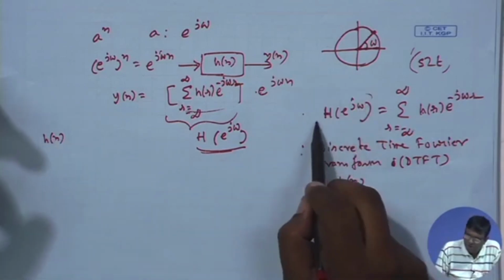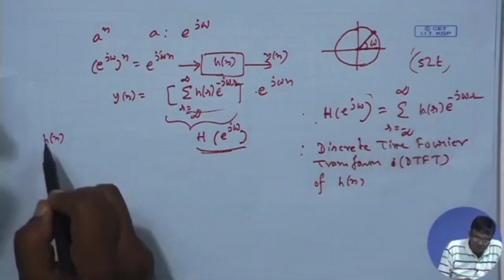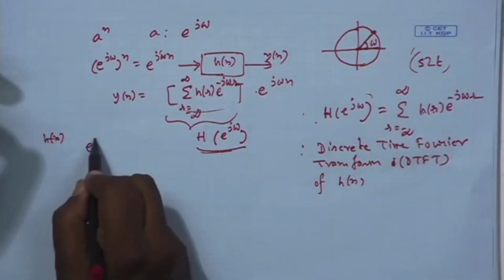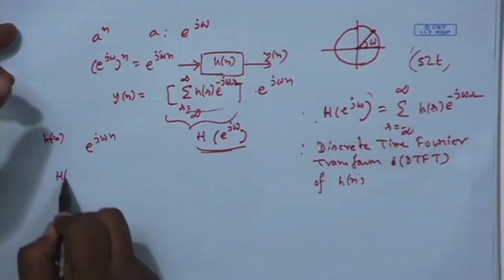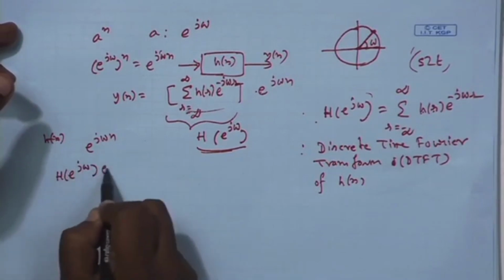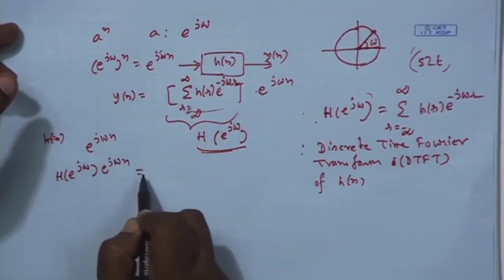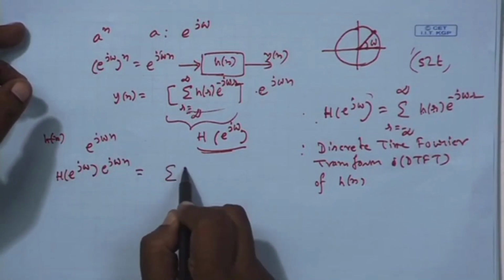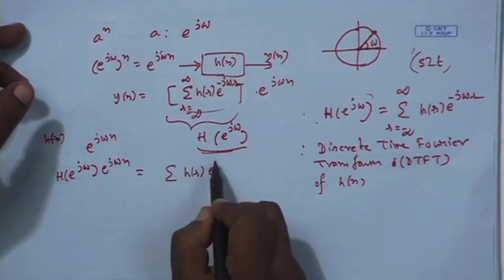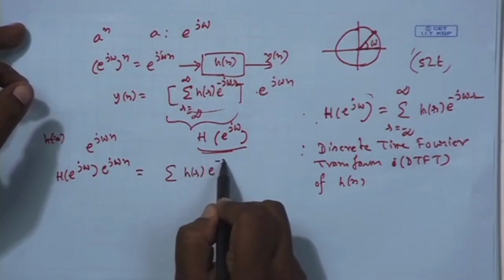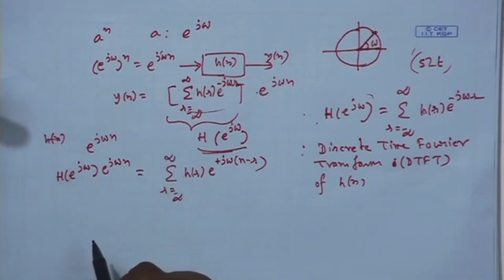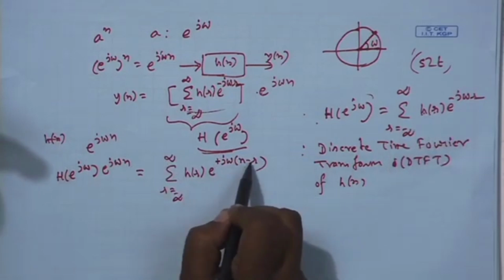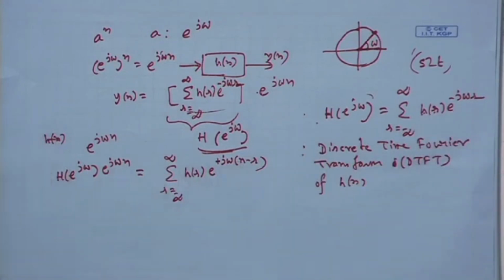What I do is multiply both the left hand side and the right hand side by e to the power j omega n. The e to the power minus j omega is already there, and e to the power plus j omega n is the new factor.